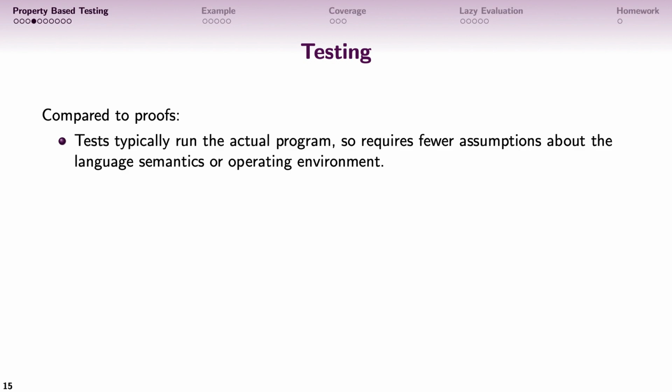But with a test, we are just running the program on a computer, so the programming language semantics will be the same semantics that are used for the test. So we will always be able to keep those matching up. So we don't need as many assumptions about the operating environment of the program as we do in proofs.